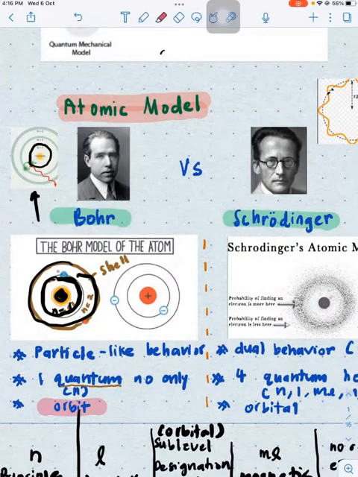Yang mana when the electron move around the nucleus, because remember electron is negative particle and nucleus is a positive region, so dia akan ada attraction kat situ. So the electron bila dia move around, dia akan emit a certain amount of energy that we call photon. So the emitted energy tu can be measured. So daripada situlah kita boleh tahu kedudukan elektron tu.